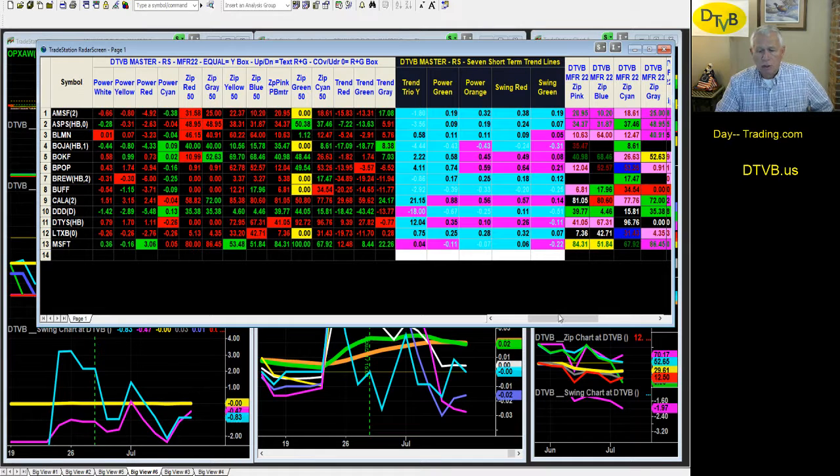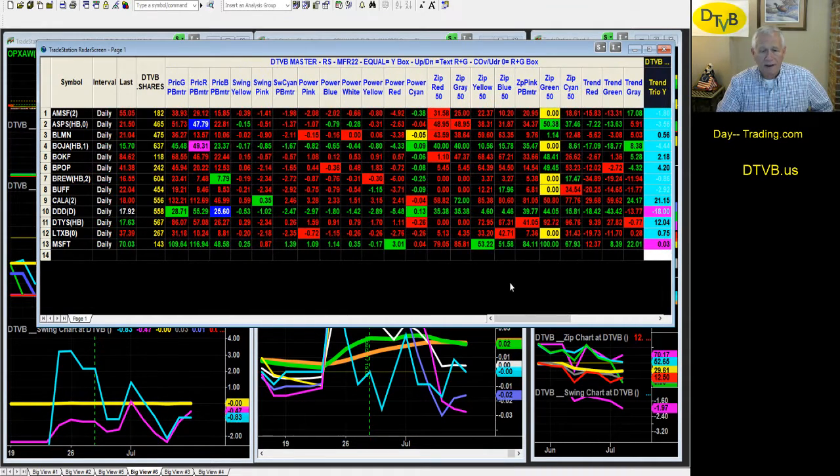Okay, and so this 7 short trend line is great. I have a number of other indicators built for the radar screen, but I'm just doing this first one that I showed you and the short-term trend line. The first one that I'm showing you is a combination, let me just clarify that, of when you find indicators equal.